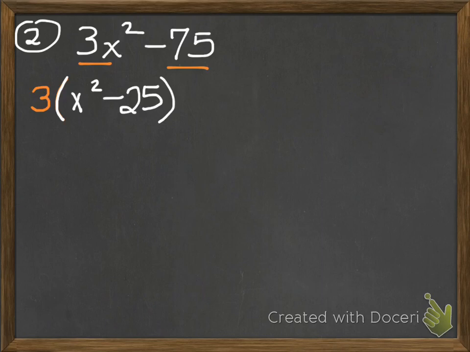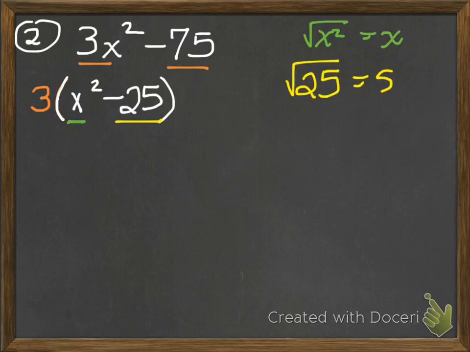And now we're going to take each individual and see, can I take the square root of each part? And so can I take the square root of x squared? That gives me x. Can I take the square root of 25? That gives me 5. So when I factor this, I will go ahead and put what I factored out previous, so that 3.